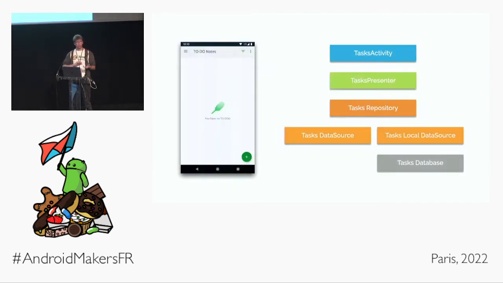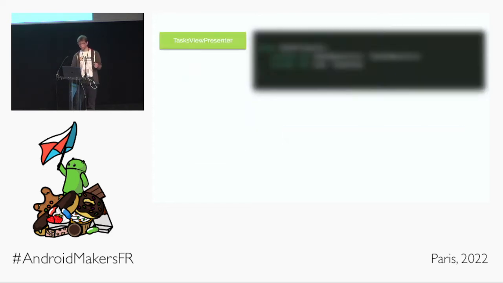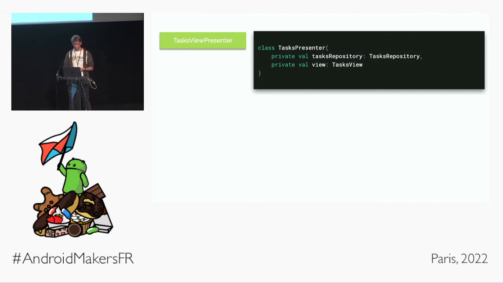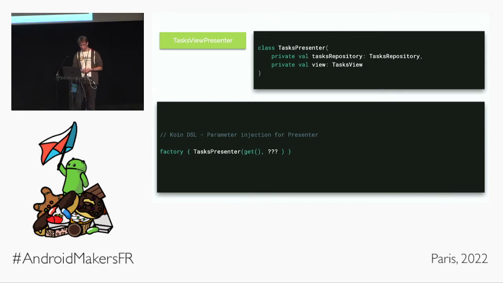If you are more in MVP architecture, that means that finally we switch our view model for a presenter component. This is not really making the difference here. The only difference will be our task presenter, where finally in our MVP we want to pass a contract back to the view to have some callback to the UI, and then this is what task view is doing here.